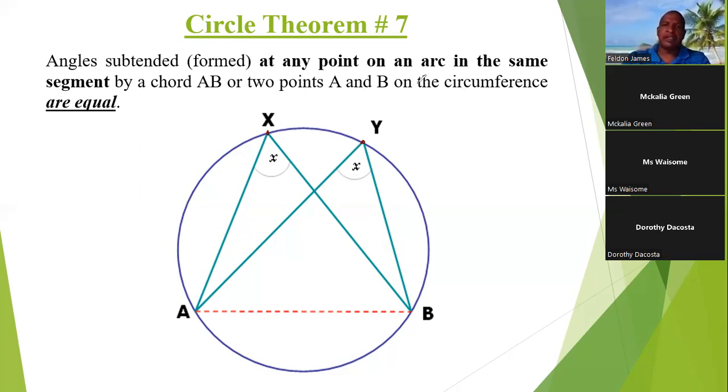Now, the word subtend simply means form. So the angle subtended at X forms at X, from A to X to B. From A to Y to B, the angle forms at Y. These two angles are subtended on the same arc, or the same segment of this circumference.